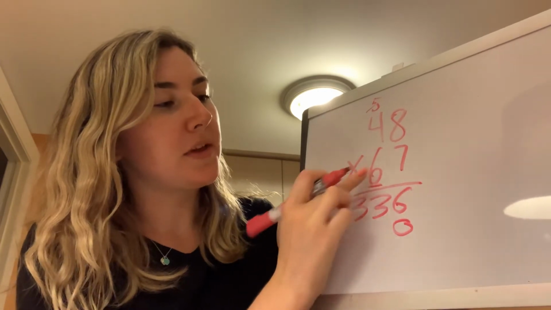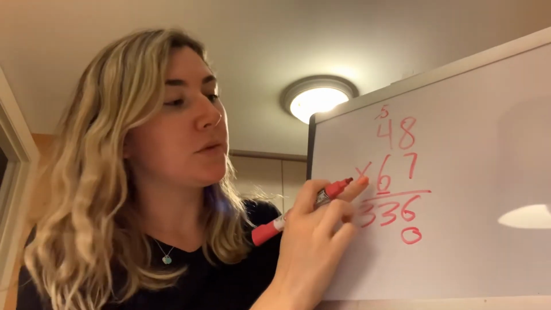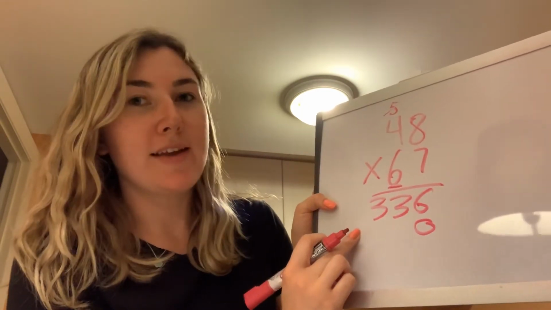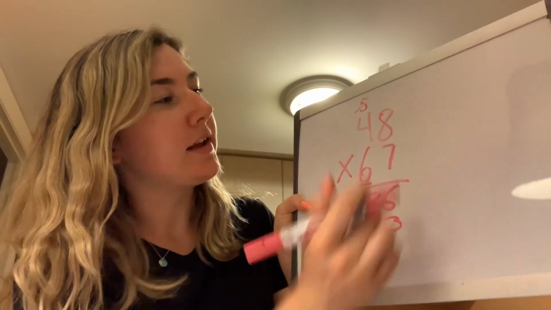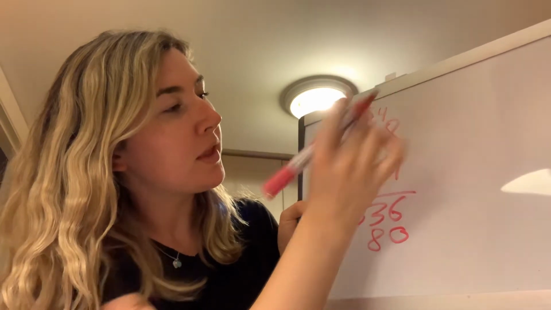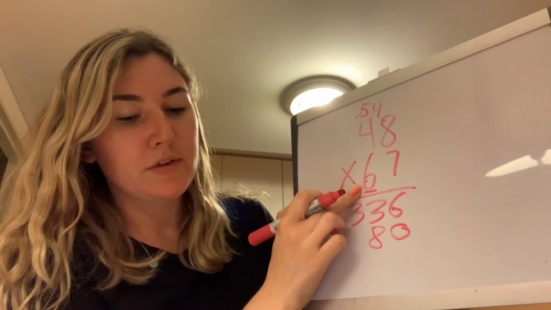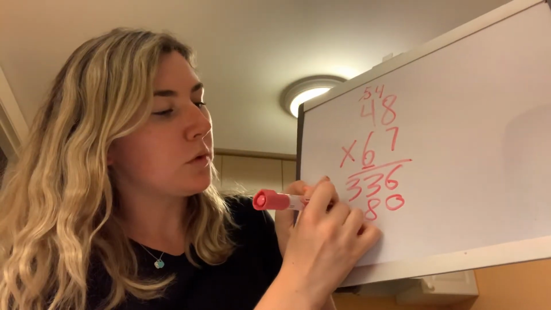Now we'll multiply 6 times 8 and 6 times 4. So we know 6 times 8 will give us 48. Let's bring down the 8 and carry over the 4. And now we have 4 times 6, which will give us 24, plus the 4 on top will give us 28.